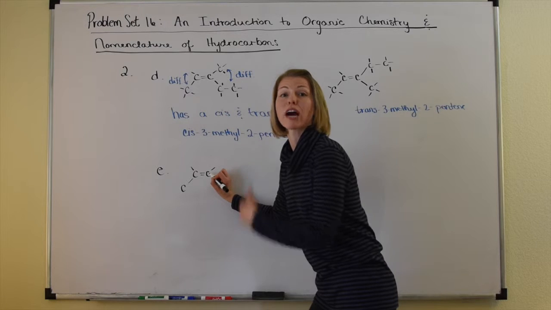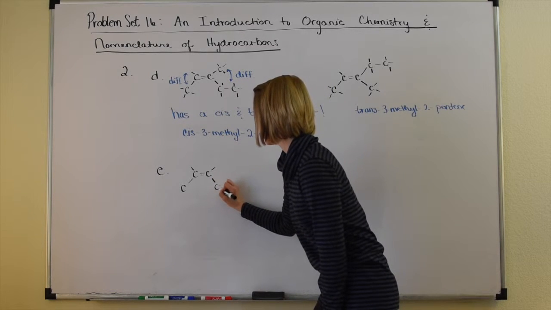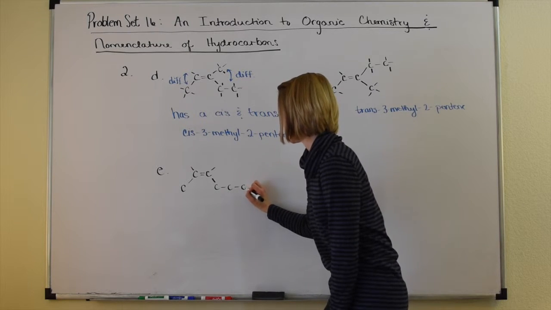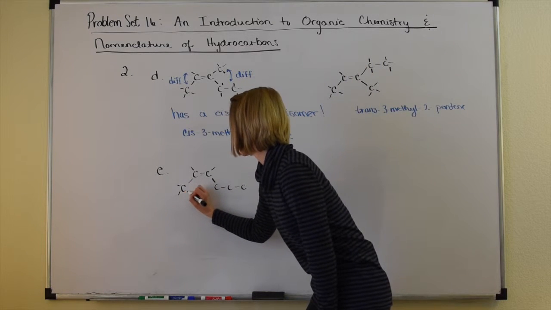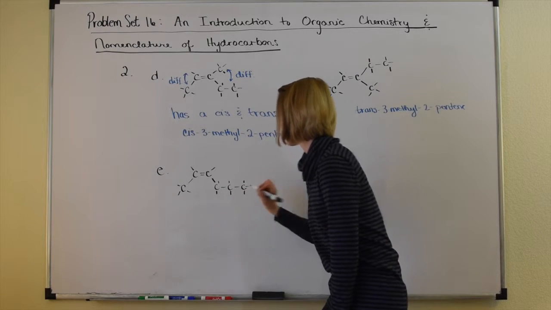Again, doesn't matter if you go up or down at this point because we don't know yet if it's cis or trans. So I'll just go down for 4, 5, and it's hex, so I want 6. Okay. I'm going to just draw lines to my hydrogen so it doesn't get too cluttered looking.